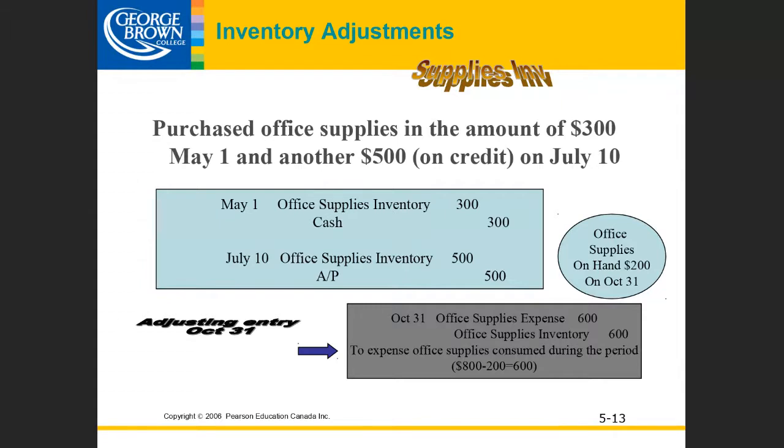In restaurants or in food service, we have many different kinds of supplies or inventories. We have food inventory, we have beverage inventory, and we have operational supplies. We have to adjust those inventories for the amount of the inventory we no longer have and that we've utilized.